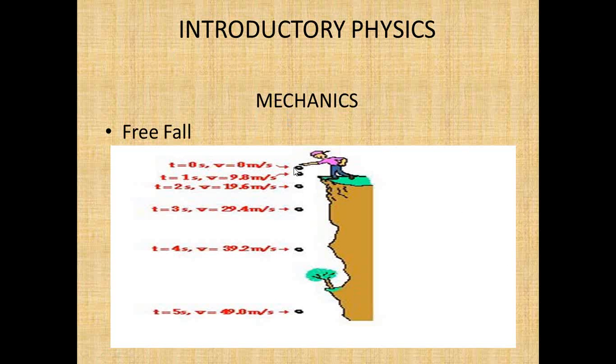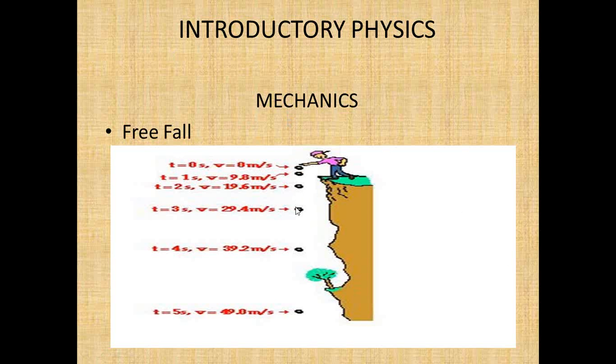So at time 0, the velocity is 0. At time 1 second, the velocity is going to increase by 9.8 meters per second. For the second second, the velocity increased by another 9.8 meters per second, so the total velocity would be 19.6 meters per second.